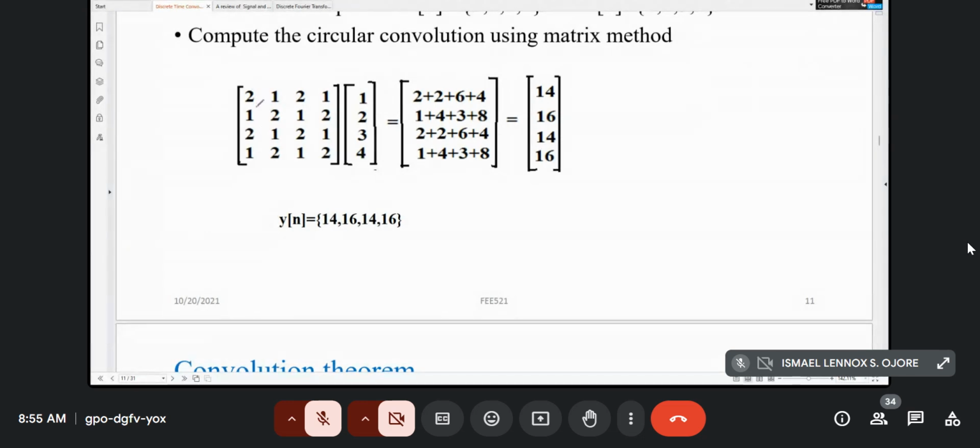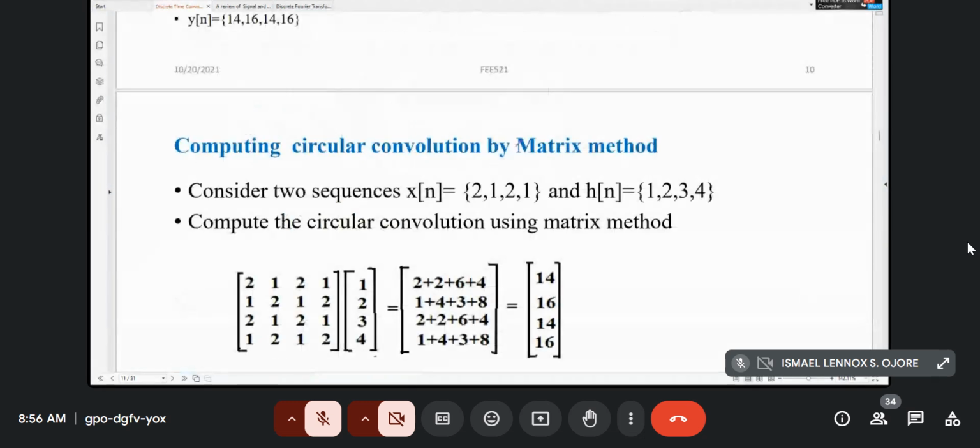I'm trying to put it in general terms, but this is used with this example. In this example, we have x of n as 2, 1, 2, 1, and h of n is 1, 2, 3, 4. So you create a matrix of one of these.